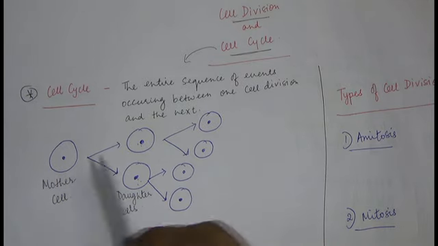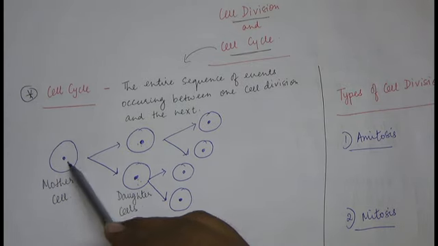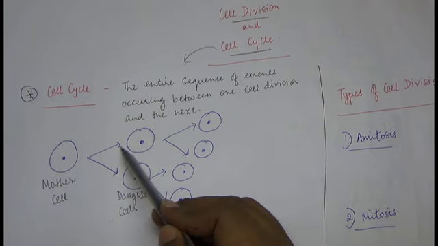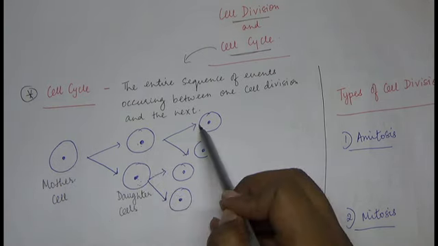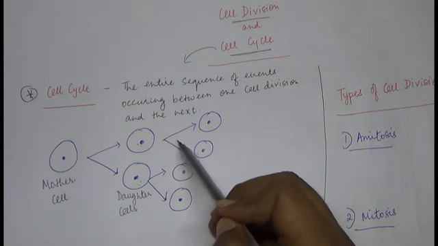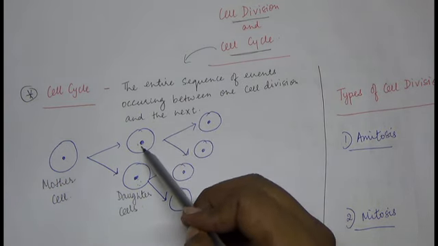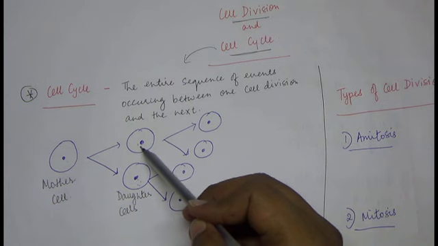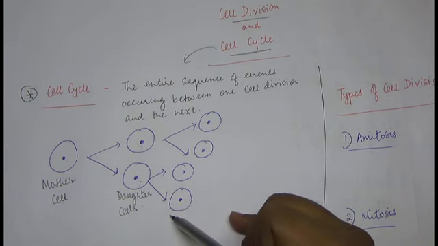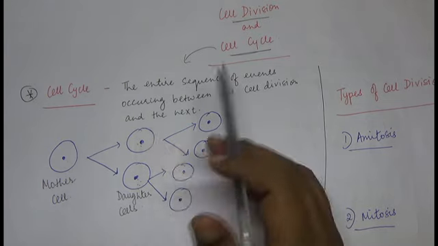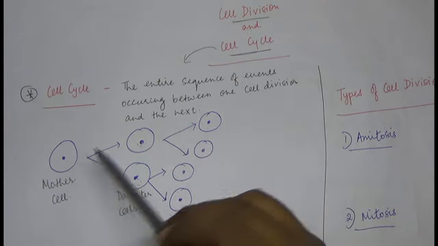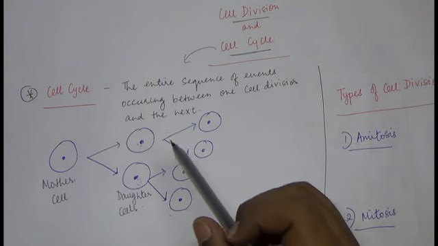So in this cell division, this mother cell has been divided to give you two daughter cells. In the subsequent division, in this second round of cell division, these two become the mother cells, and these four become the daughter cells. So it depends on which cell division you are talking about, and who is the mother cell and who is the daughter cell.